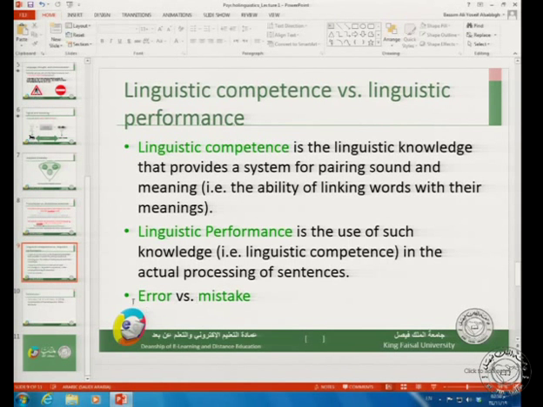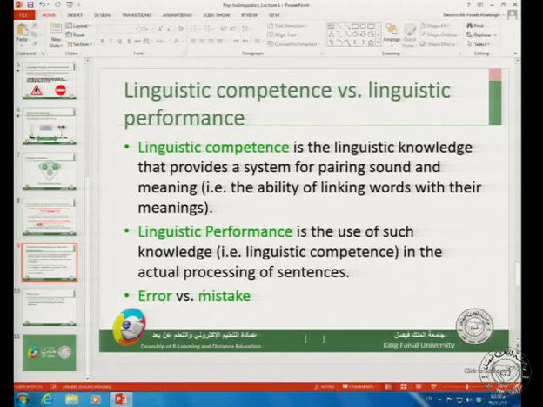You had the misuse of language as a result of your lack of knowledge, lack of competence. So here we have two types. The first is error, which results from lack of knowledge. So while speaking, while writing, your misuse of language can either be errors or mistakes.